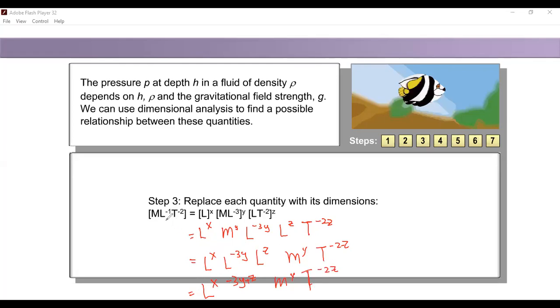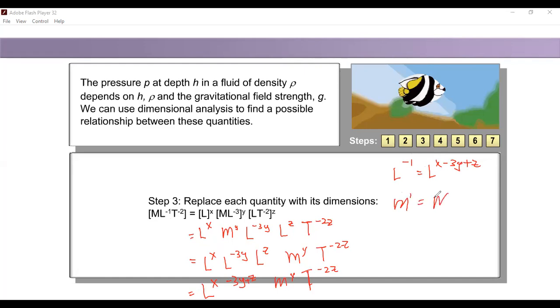So we compare L. L is negative 1 equal to L, X minus 3Y plus Z. Here M is 1.